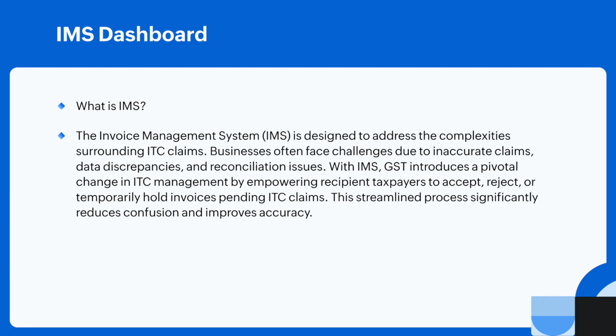Businesses often face challenges due to inaccurate claims and data discrepancies. So, with IMS, GST introduced a pivotal change in ITC management by empowering recipient taxpayers to accept, reject, or temporarily hold the invoice pending for ITC claims. This streamlines the process, significantly reduces the confusion and improves accuracy.